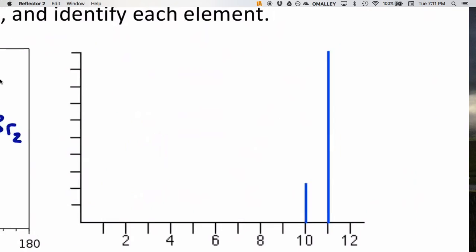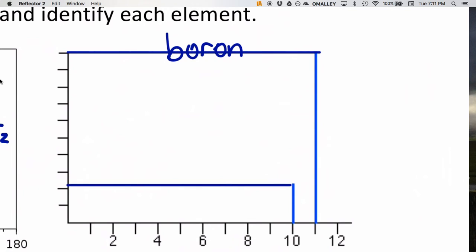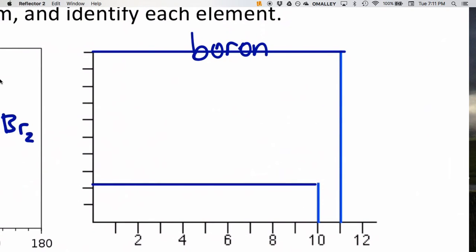And lastly, I have the simplest spectrum of the day at the end. This does not look like a diatomic element because the numbers are so small and there's only 2 peaks. This corresponds to boron. And if I line up where these peaks are with the y-axis, they didn't give me any labels off to the left here, but I'll say that this big number is 10, and that would mean that this one down here is maybe like 2.2.